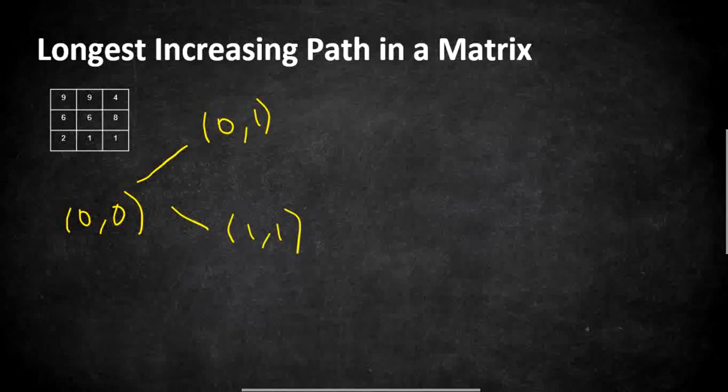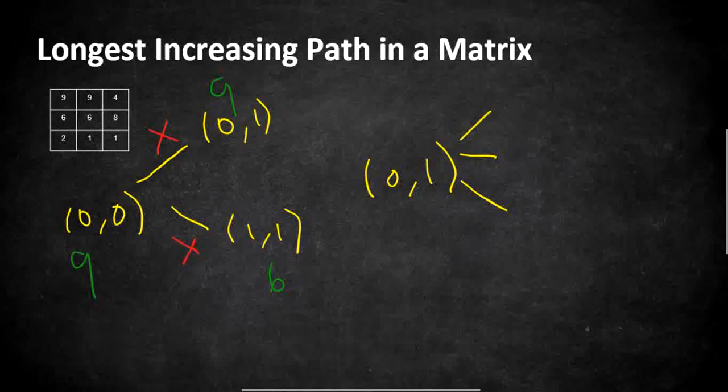If you check the values of each cell, the first cell 0, 0 has the value 9, the next cell 0, 1 has value 9 and the next cell value is 6. In this case, none of them are increasing. So this stops and we move to the next cell, that is 0, 1. From 0, 1, we explore all neighboring options and check whether we can proceed further, go till wherever the increasing path goes and finally return the maximum length.